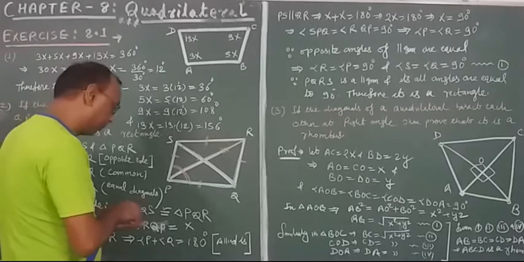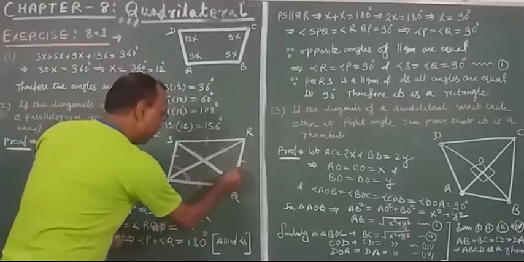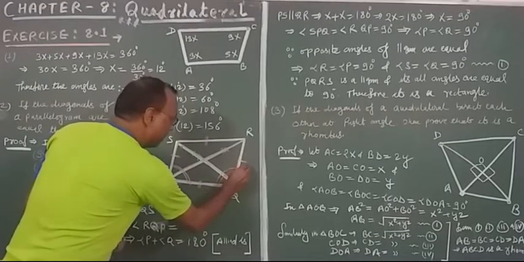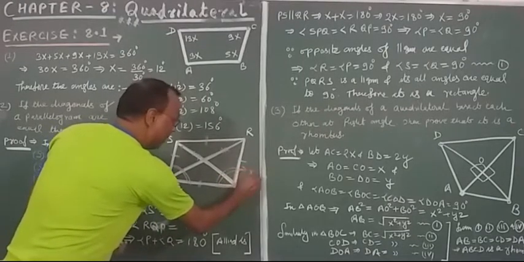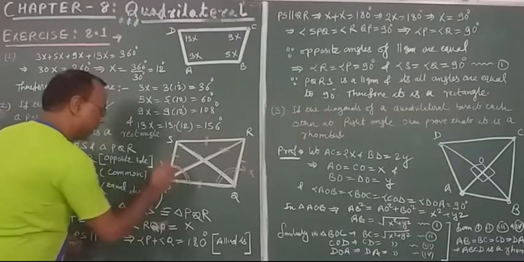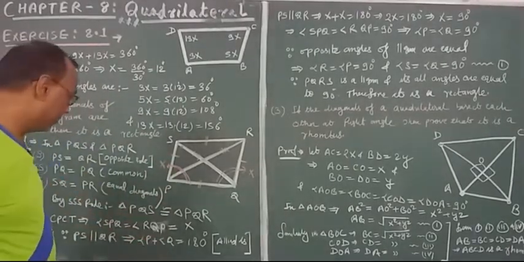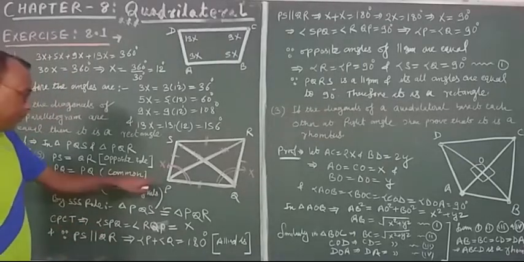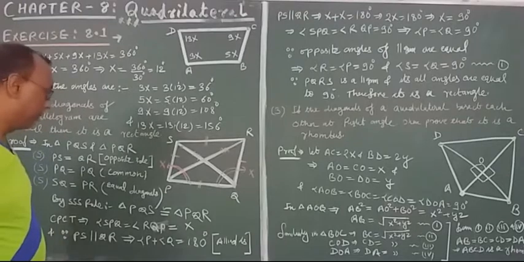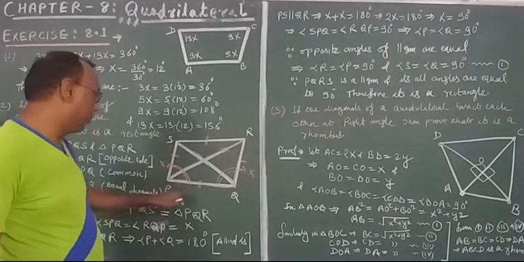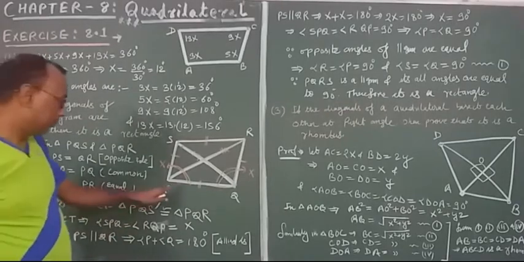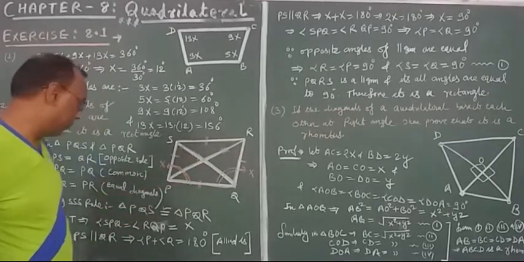This one. These two angles will be equal by CPCT. Let these two angles be equal to x. We have taken here angle SPQ and RQP, or PQR, you can say. Both are equal. These two angles are equal.